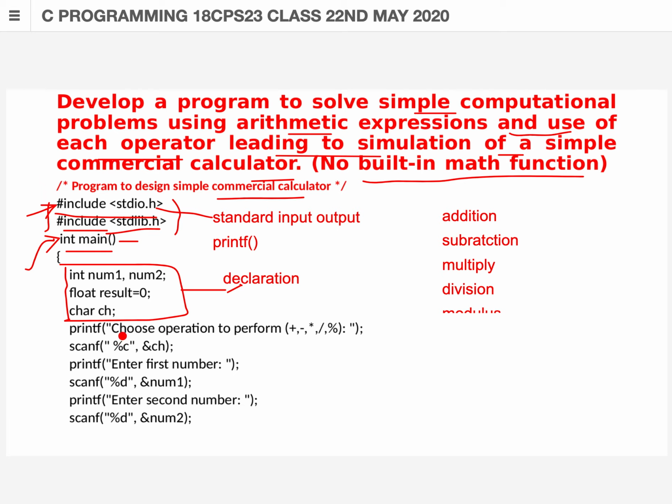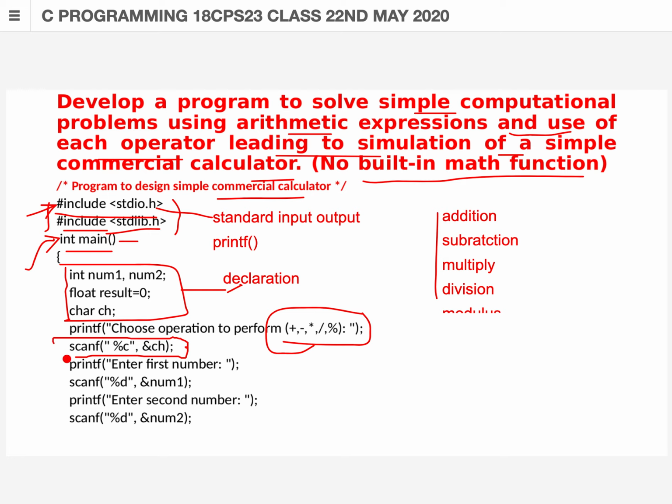Here in this program we need to solve computational problems of arithmetic expressions. All these five operations we need to perform in this complete program by taking an expression as input. To take input we use the scanf statement.